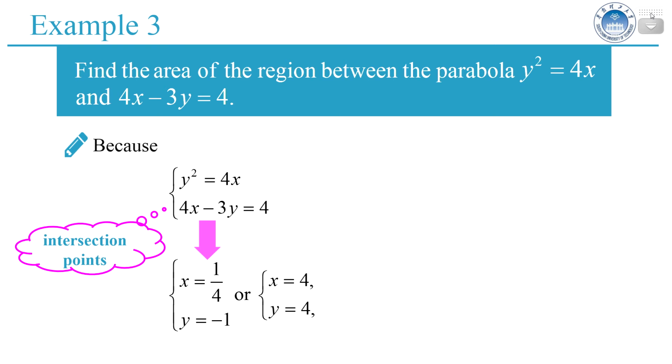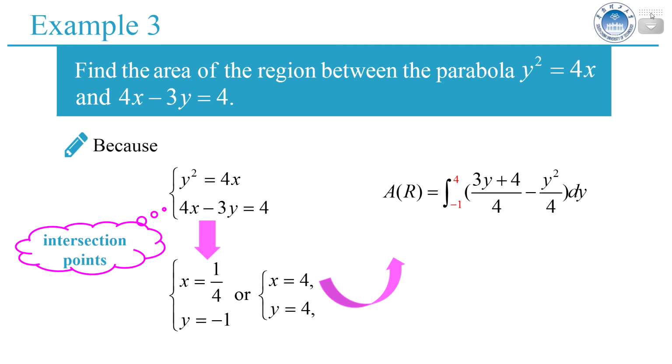From the intersection points, we can determine which variable is our integral variable and the corresponding domain. So now we can get the area of the given region, where y is our integral variable. Look at the corresponding points: y equals -1 and y equals 4.